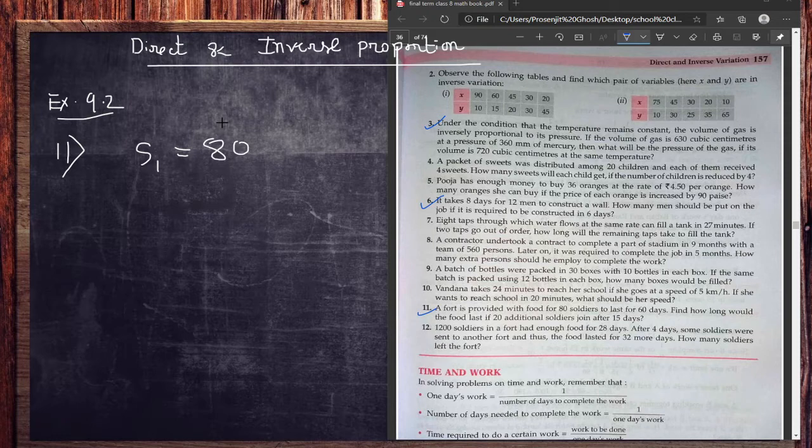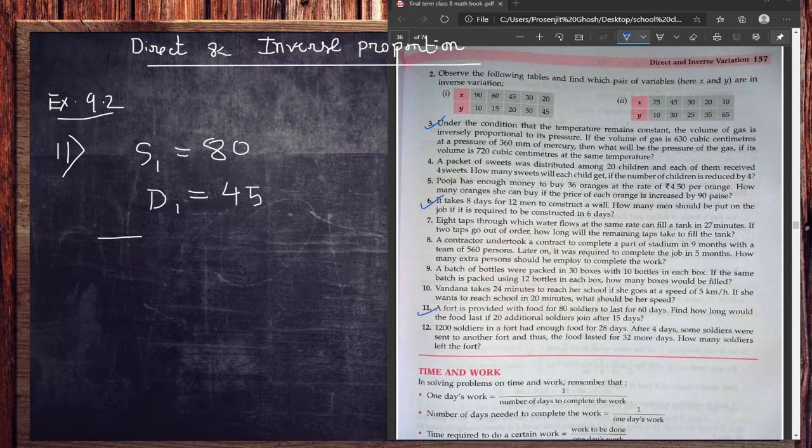So all you have to complete is for 45 days, because after 15 days the additional soldiers are joining. So all you have to calculate is after 15 days. So how many days are left? 45 days. So D1 equals, I will take as 60 minus 15, which is 45.